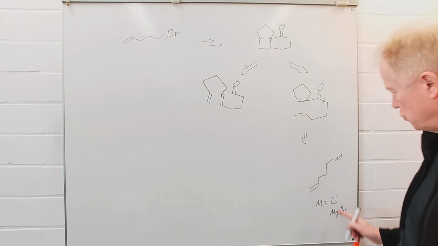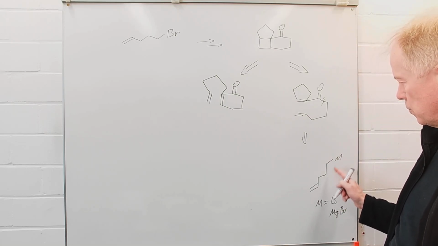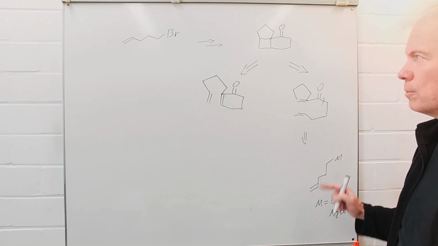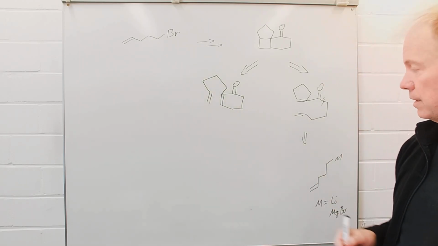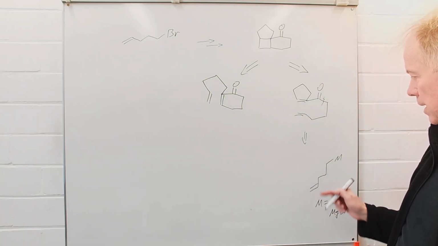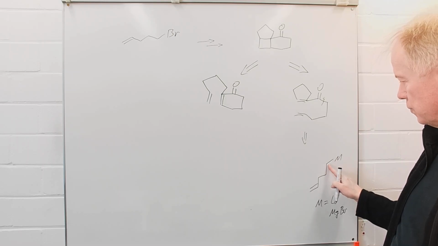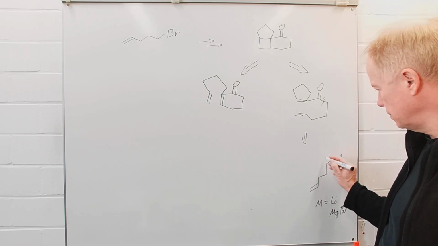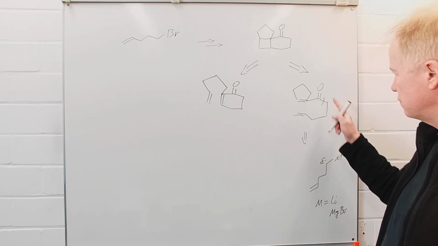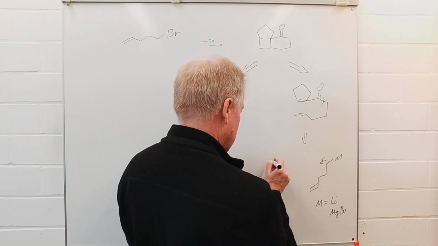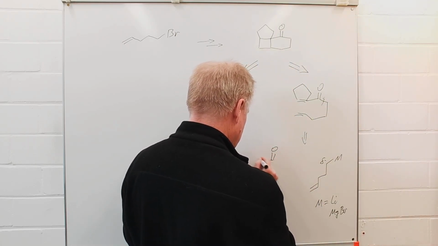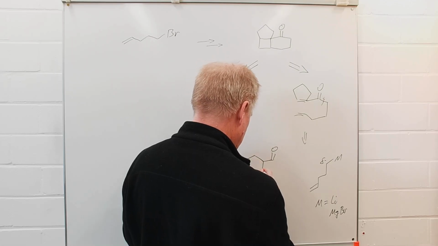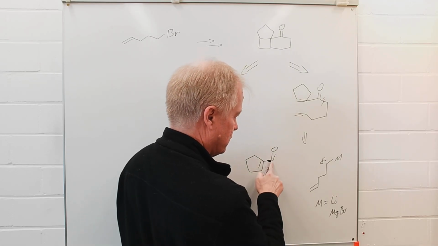No problem to get those organometallic compounds from, as you know, a halide like that. And this is then the nucleophilic center, delta minus. We need the electrophilic center. It's that one.